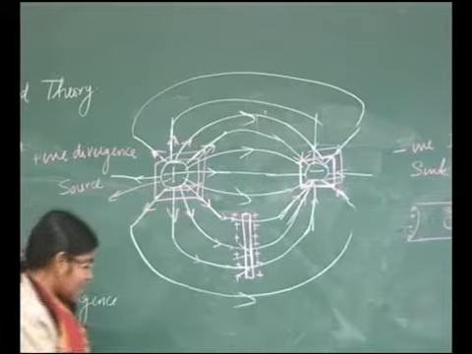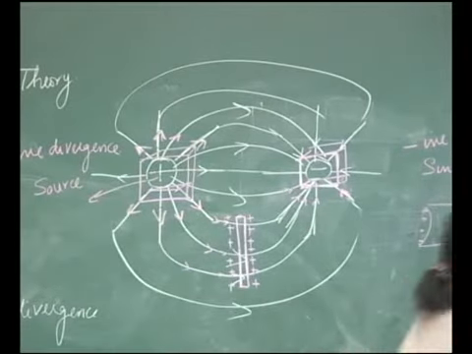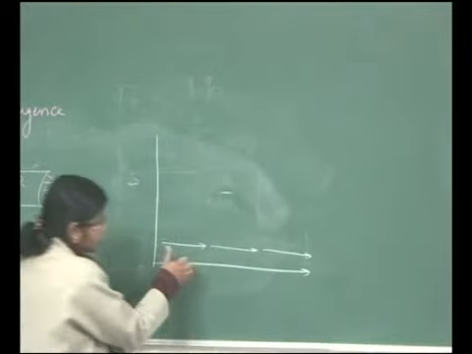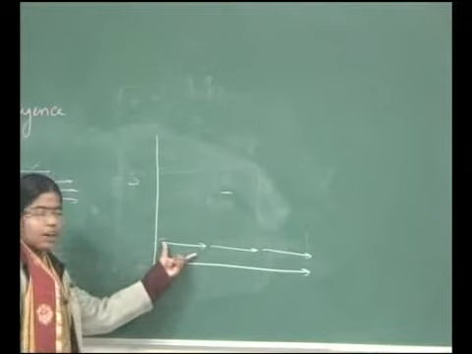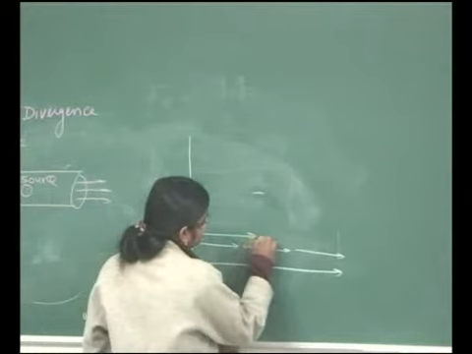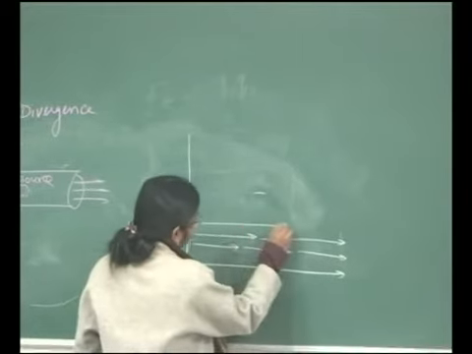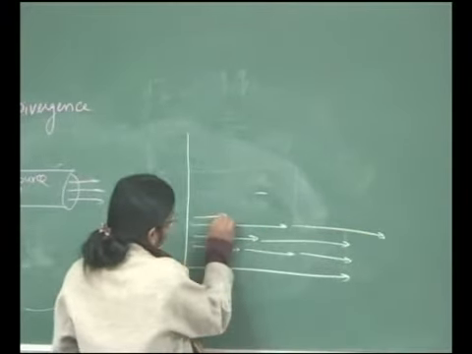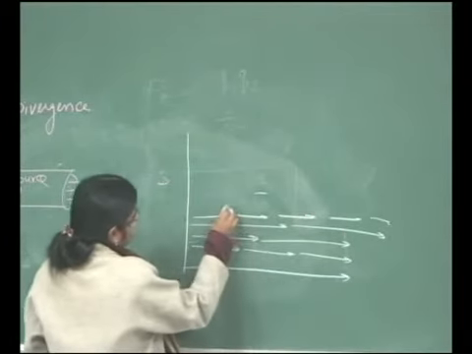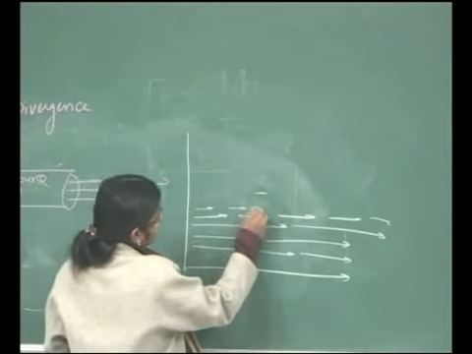On the other hand, let us consider a different situation. I have electric fields, and suppose I draw electric field like this. The length of the arrow shows me the strength of electric field. So here you can see the strength increases, and here it is more, and then it decreases again, and it decreases further.